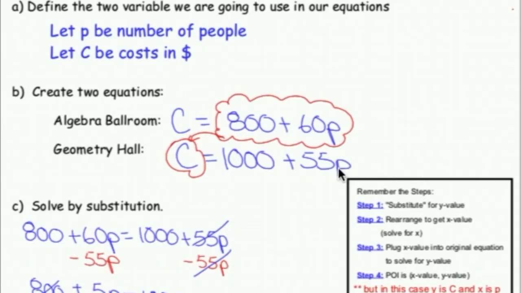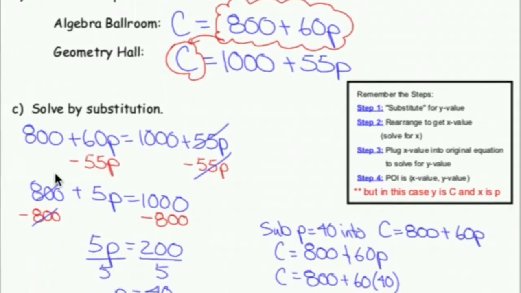And then we do what we've just practiced before this. We solve by substitution. So we take one of the equations and we substitute it in for one of our values. If we look down here, we substituted the first equation into the second equation. So we have 800 plus 60p equals 1,000 plus 55p. We now have to get the p on the same side.